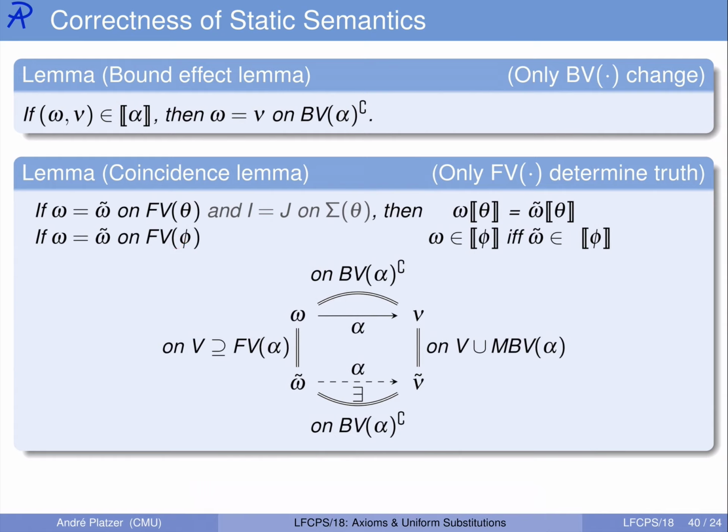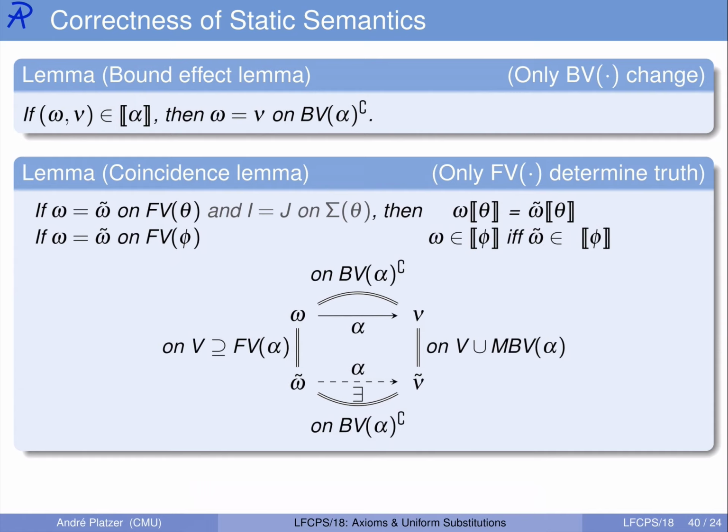Of course, a term that talks about x and y square and whatnot can only depend on the values that x and y have. It cannot depend on the values that variables a and b have, because they're not even mentioned, likewise in the formula. Right? Formula is a little bit more subtle because it might quantify a variable, for all x, x squared greater or equal to 0. That formula doesn't really depend on the initial value of x because we're overwriting it. That's why we will be defining that.